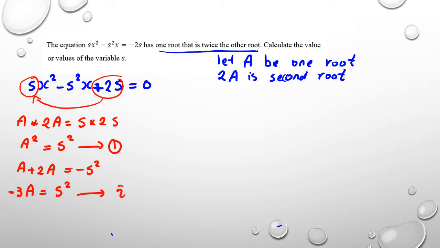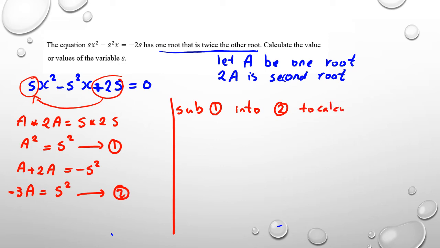That's my second equation. Now I will use the substitution method. So I will substitute equation 1 into equation 2 to calculate a, not s, a. So negative 3a, sorry. Instead of s squared, I'm going to put a squared.